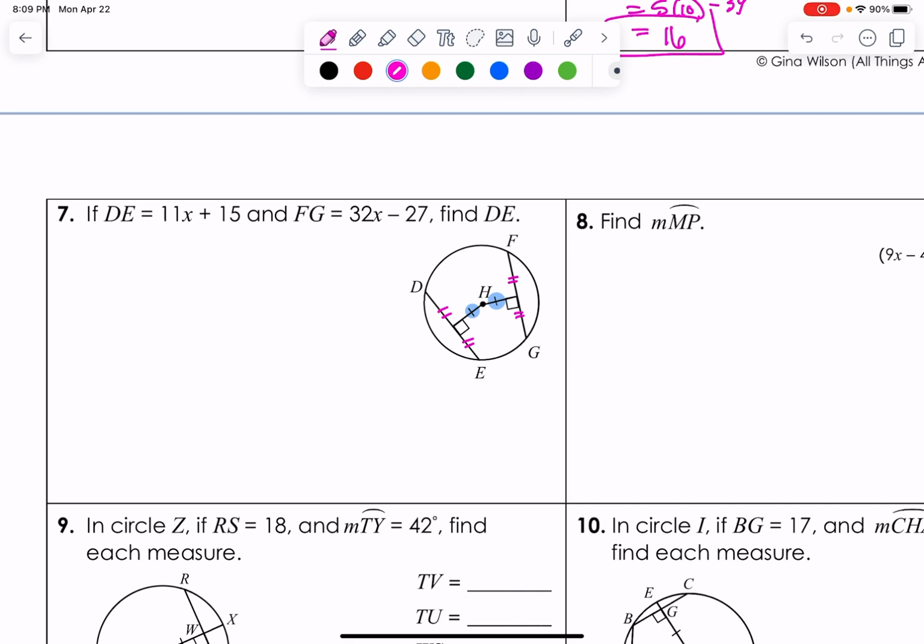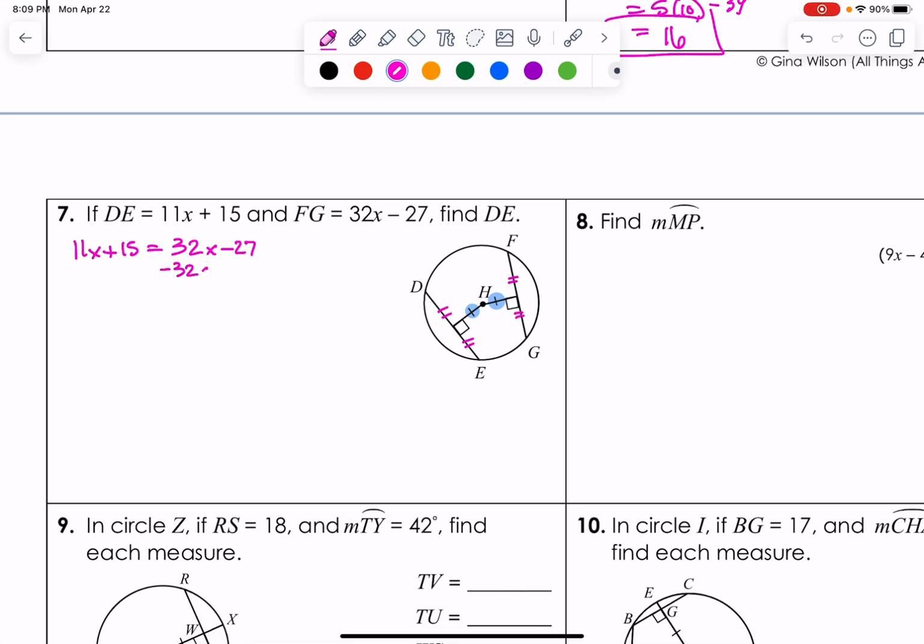And then I can figure out how much DE is. So because it bisects it and they're equal distance, that means that 11x plus 15 equals 32x minus 27.